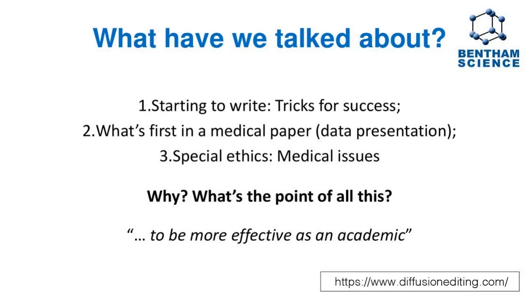And then thirdly, we've talked about ethical issues, in particular in medical research, the main reasons that articles get turned away from some leading international medical journals. And as I mentioned at the beginning of this presentation today, the point of this is to help you to be more effective as a writing and publishing academic.